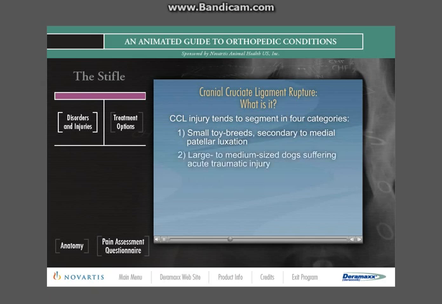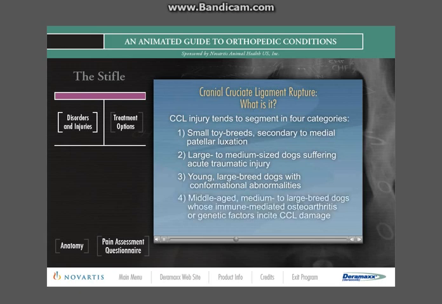Large to medium-sized dogs suffering acute traumatic injury. 3. Young large breed dogs with conformational abnormalities such as narrowed intercondylar notch and increased caudodistal tibial plateau sloping. And 4. Middle-aged medium to large breed dogs whose immune-mediated osteoarthritis or genetic factors incite CCL damage.